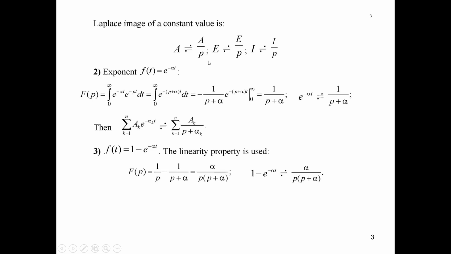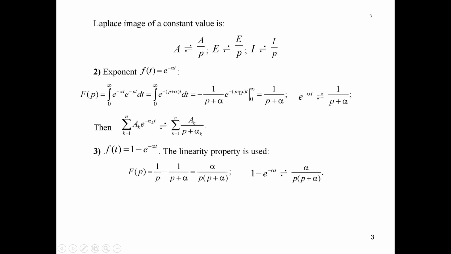And to take this integral, we should divide and multiply this expression by minus 1 over p plus alpha, this coefficient. Then we will have d of t multiplied by minus 1 over p plus alpha, and such an integral will be equal to the exponential function of minus p plus alpha multiplied by t. And we should take this integral in the limits from 0 to infinity.